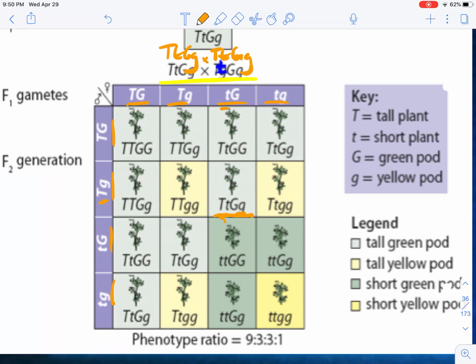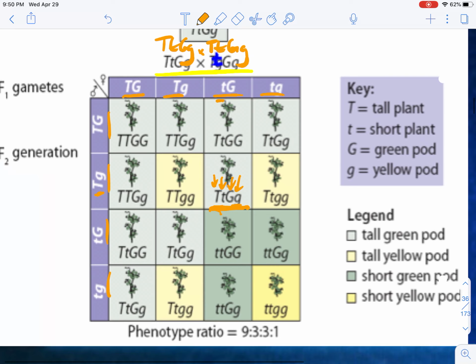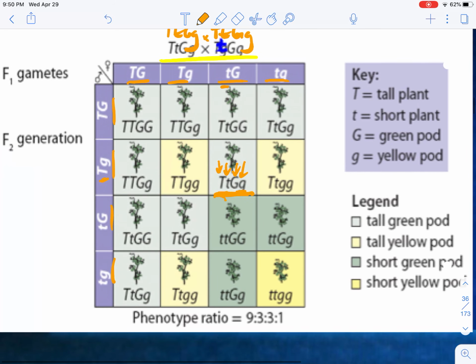And you just carefully, if I was going to do this one, for example, you're just carefully putting the T's together and the G's together. And if you have a dominant, put it before the recessive, always the dominant before the recessive. And you write the 4 letters of what that offspring would look like. And then your job would be to count it up.